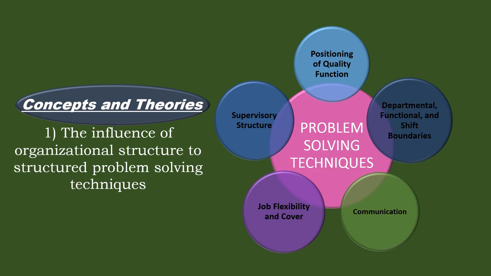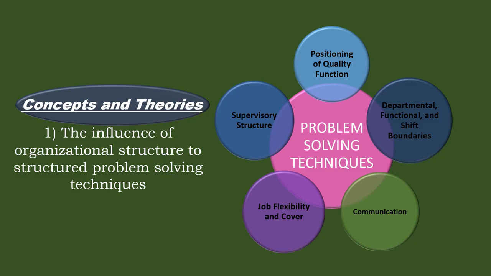Fourth, job flexibility and cover relates to the ability of the team members to solve the problem. In order to achieve this factor, each team member must have a thorough knowledge of the operation of the department that he or she represents. In this way, one can positively contribute to the problem-solving process and can greatly generate possible solutions.